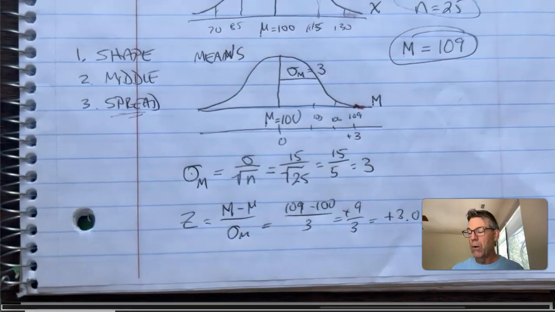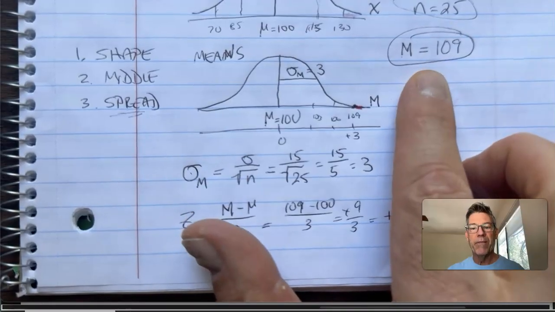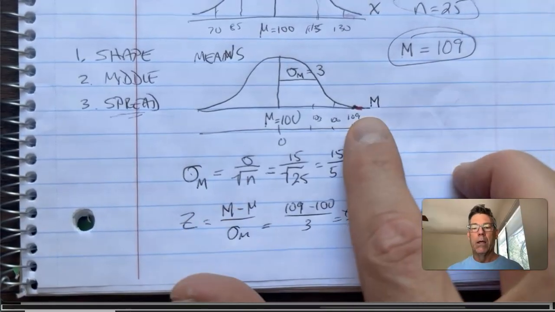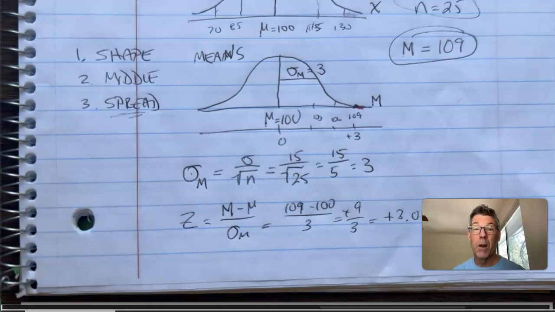So again, how likely is it to have a group of 25 people end up having a sample mean of 109? It is a very low probability. And we have these 2 options, one of which is very low probability. We're going to choose the other one. So we're going to say, yeah, I think the smart pill made people smart. Are we right? Probably. We don't know.